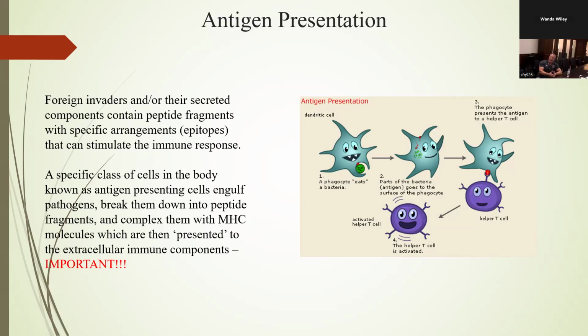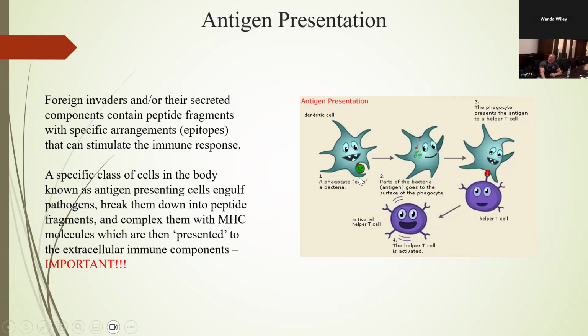The T cell is able to delineate between self-peptides or self-antigen and foreign antigen. And this concept of presentation is really the foundation for the adaptive immune response, because if the T cell looks at what's being presented to it and determines that that thing is danger, it will then activate an immune response against that specific pathogen.